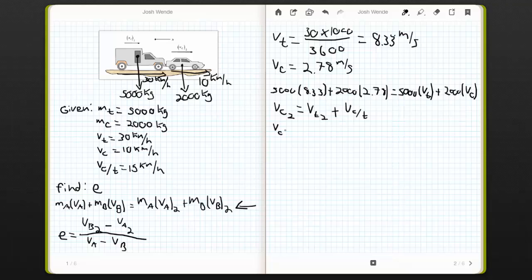So we need to convert that as well to meters per second, which ends up equaling 4.167 meters per second. Now we can plug that in.